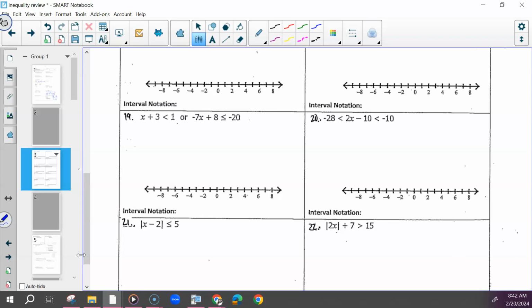It's condensed. So we're trying to get x by itself in the middle. Get rid of 10 by adding it to all sides. And then divide everything by 2.